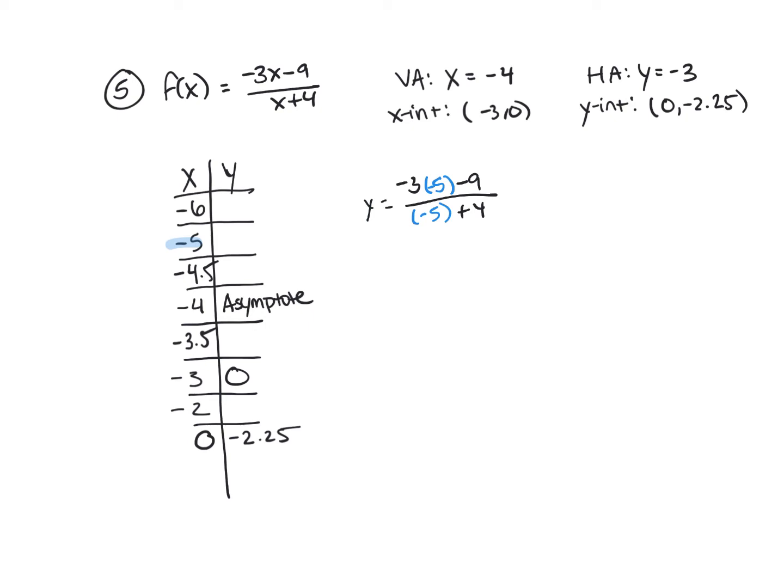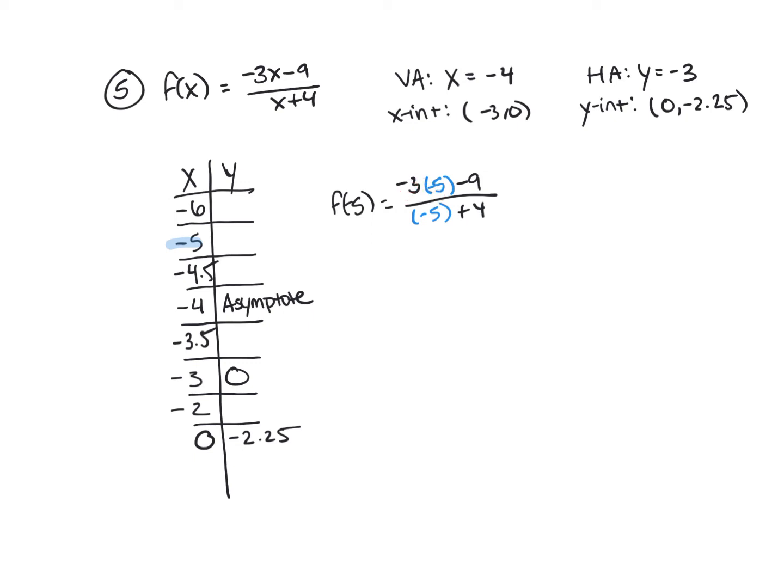This is like when you're finding your y-intercept and you plug in 0 for x. It's the same thing, except you're plugging in a new number. And I've decided I'm going to use proper notation. So instead of setting that equal to y, I'm going to say that's f of negative 5, since that's what I'm plugging in. So from here, I would solve.